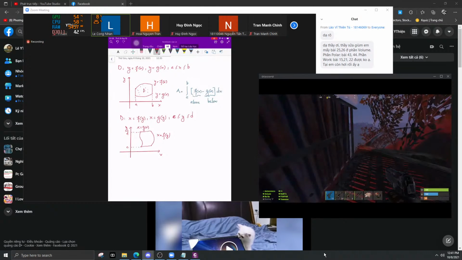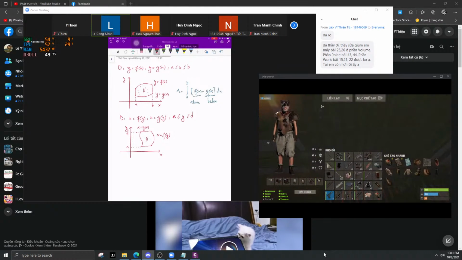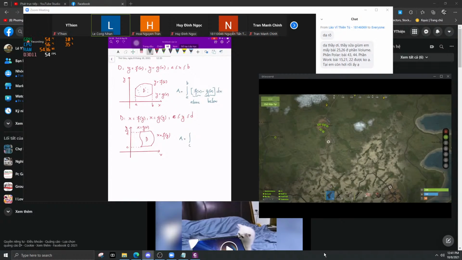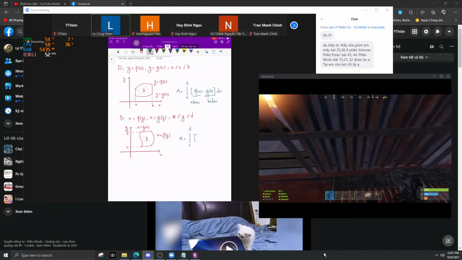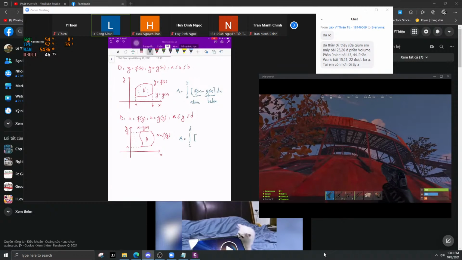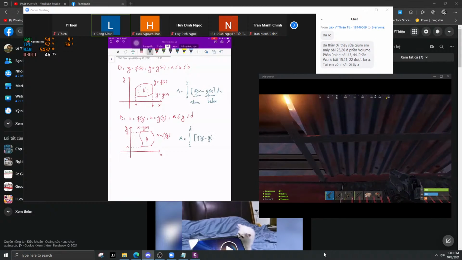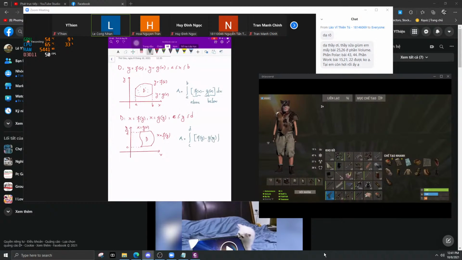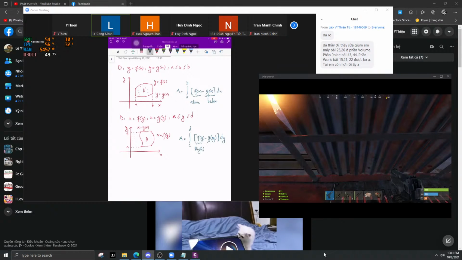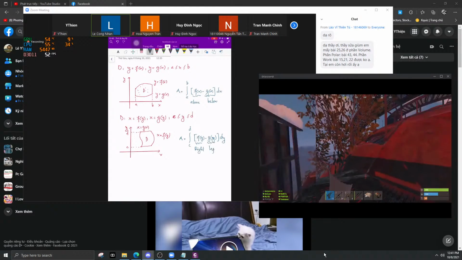Then the area of this region is computed by the integral from c to d of the right curve minus the left curve, that is f of y minus g of y. The variable of integration is y. Here we have the right curve, minus the left curve.